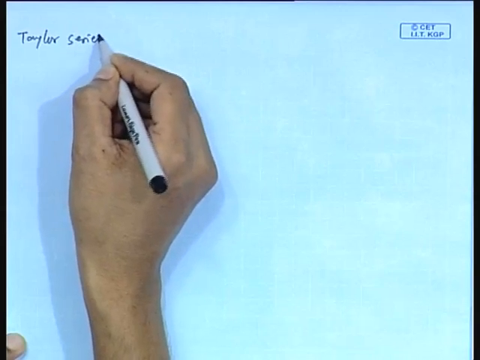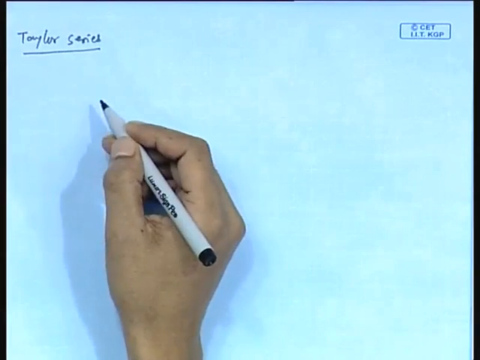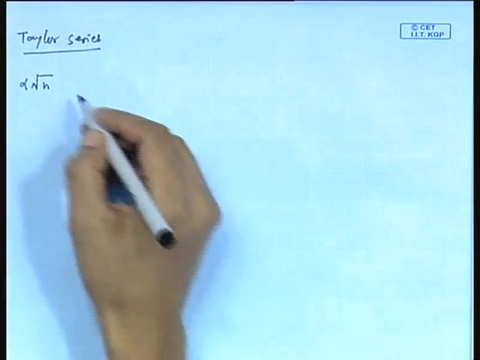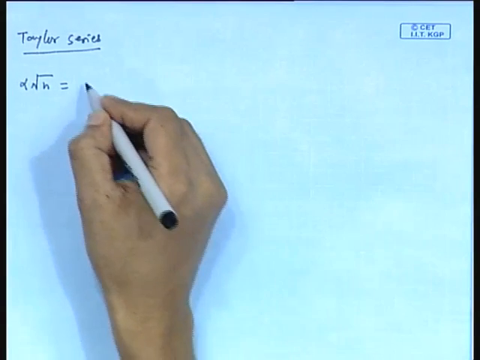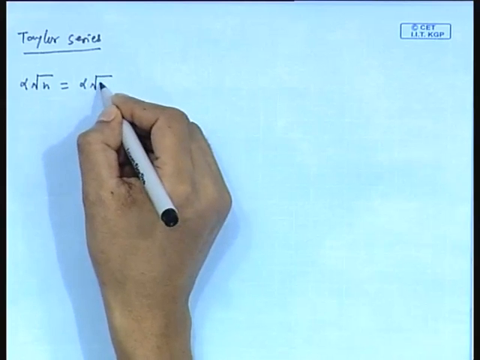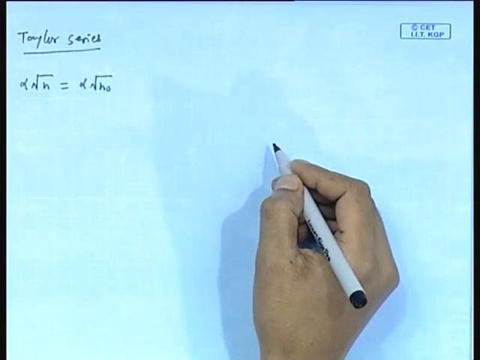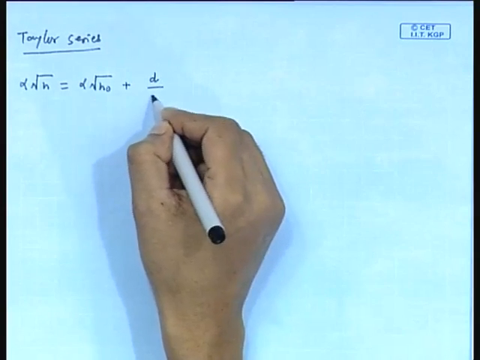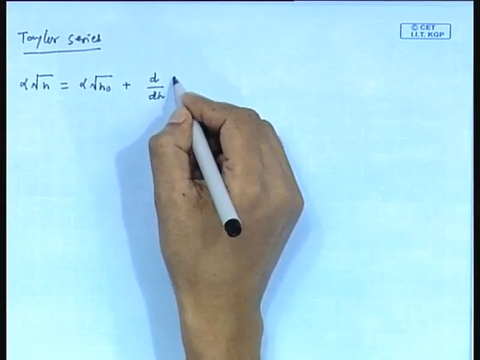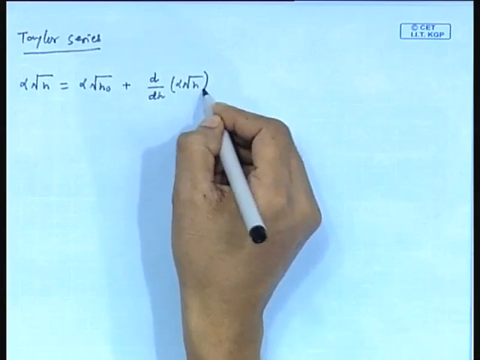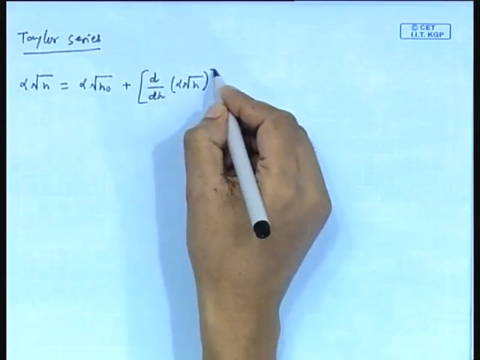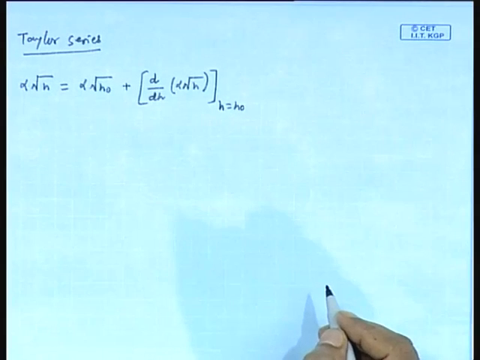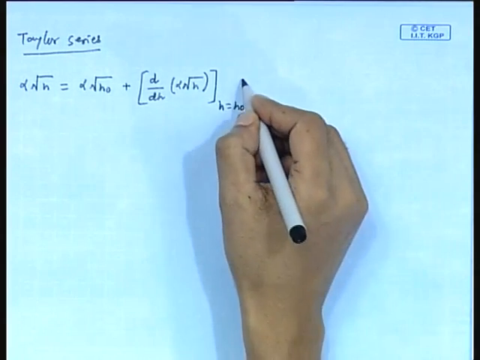So, according to Taylor series, alpha root H equal to alpha root H naught plus differentiation of alpha root H at point H naught. Here H naught is the reference height.